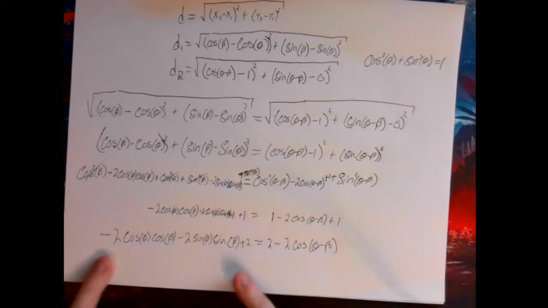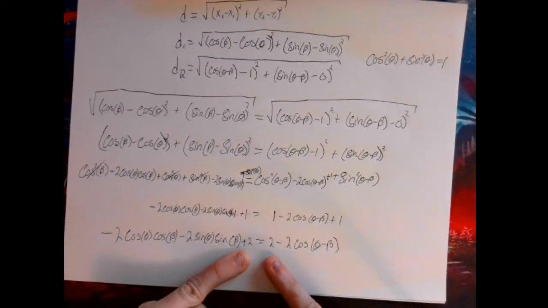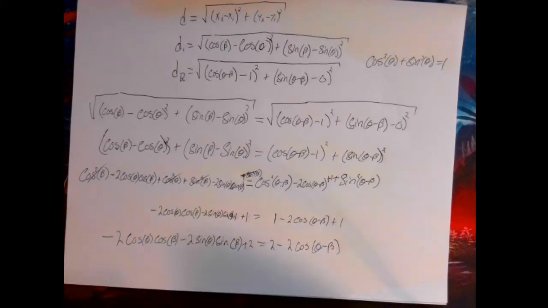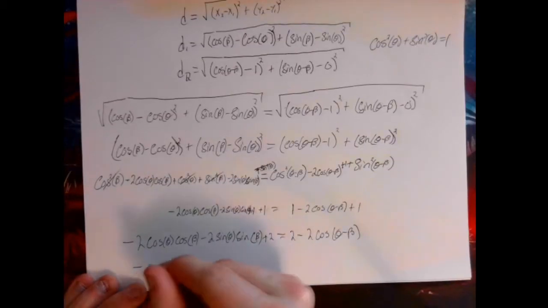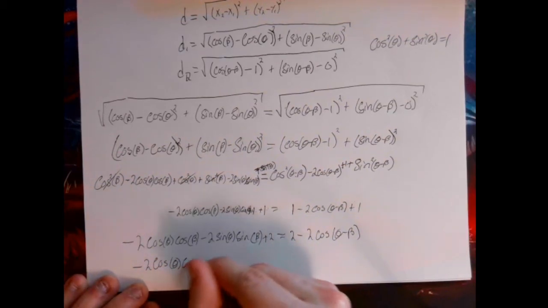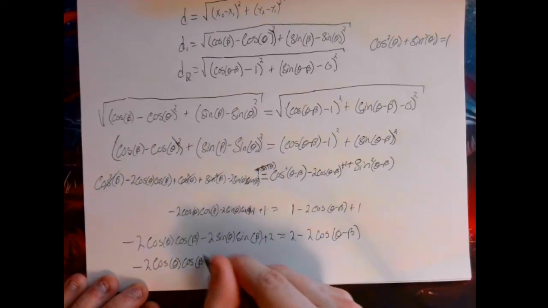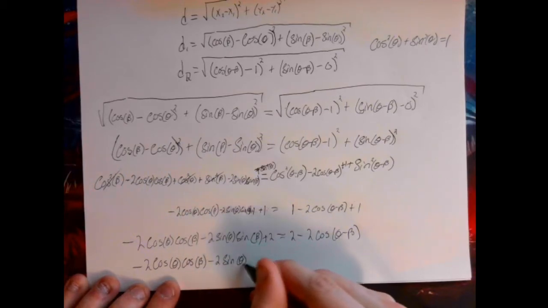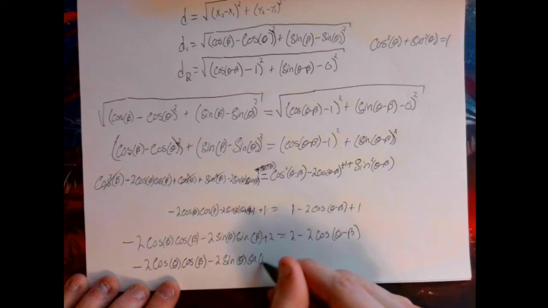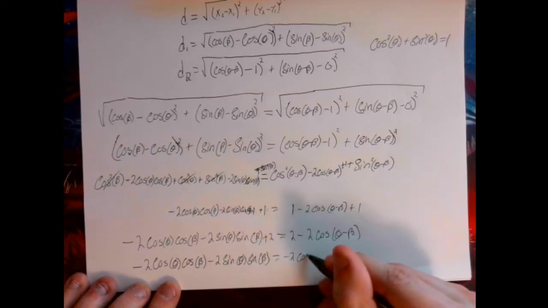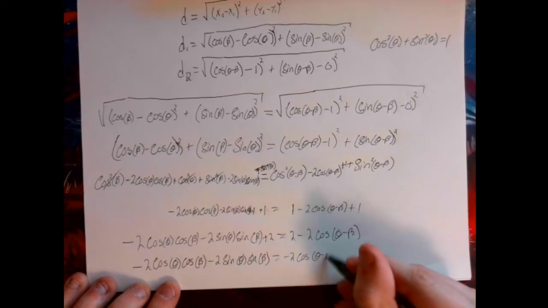Then from here we can subtract this 2 from this side and from this side. That'll simplify to negative 2 cosine of theta cosine of beta minus 2 sine of theta sine of beta equals negative 2 cosine of theta minus beta.